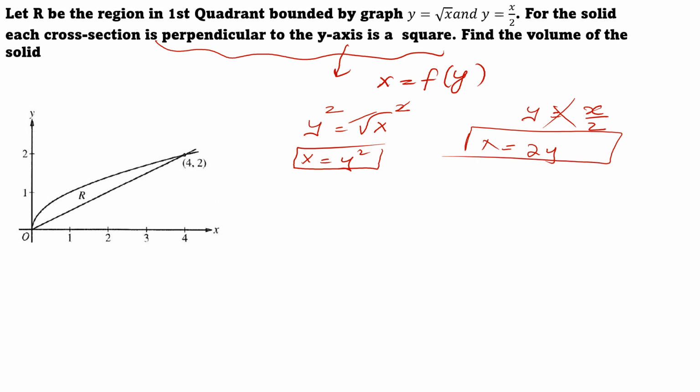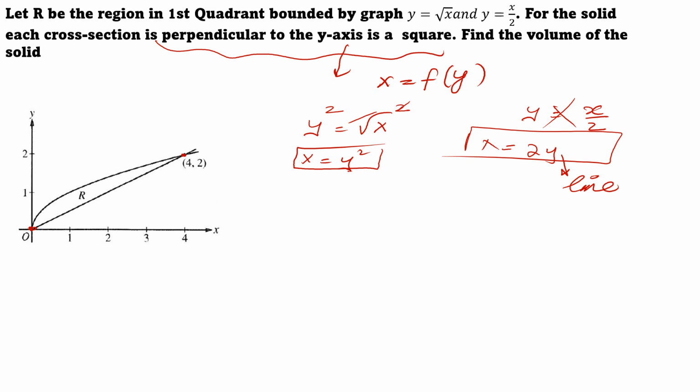Now here the points of intersection are already given to you in the form of y, so no need to waste your time. Now look at this one: y square and 2y. So 2y means it is a line, right? And y square means that it should be a parabola.